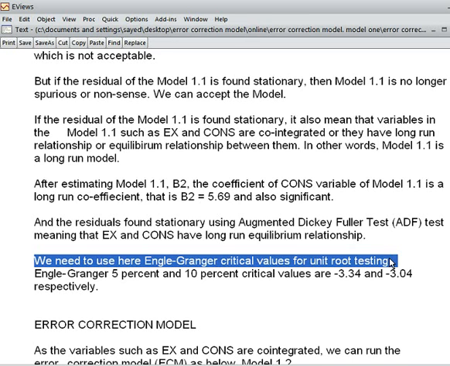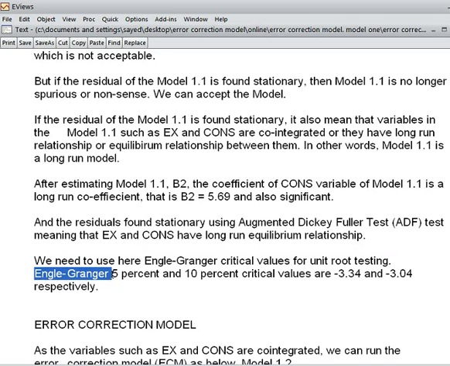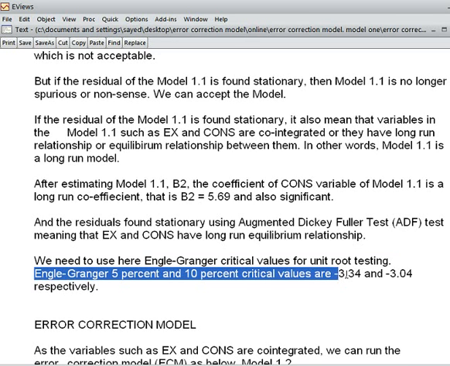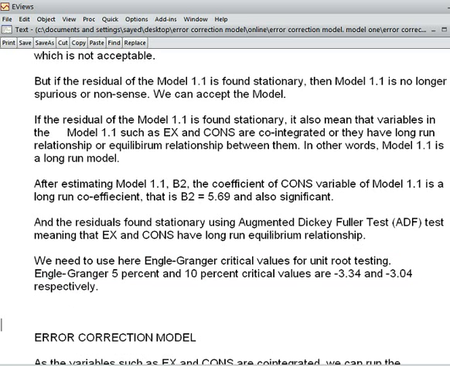And what does non-stationary mean? It means our residual has unit root. That is called non-stationary or unit root. And here we have used Engle-Granger 5% and 10% critical values, that is minus 3.34 and minus 3.04 respectively, to check whether our residual is stationary or not stationary, right?